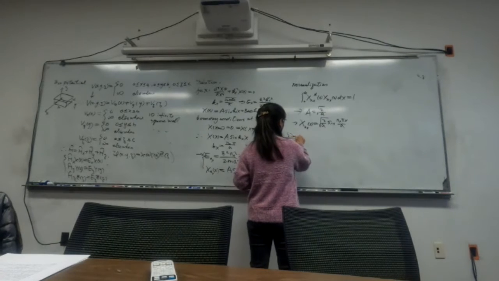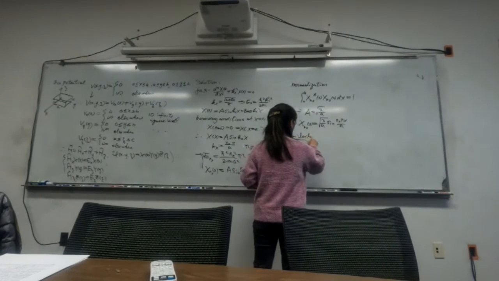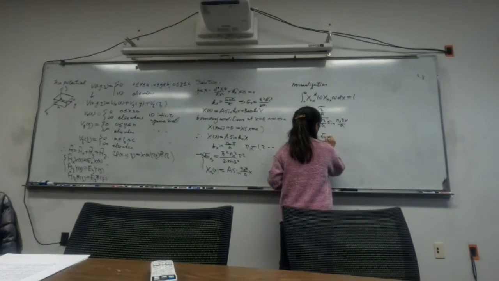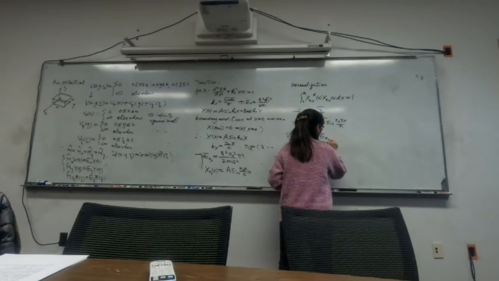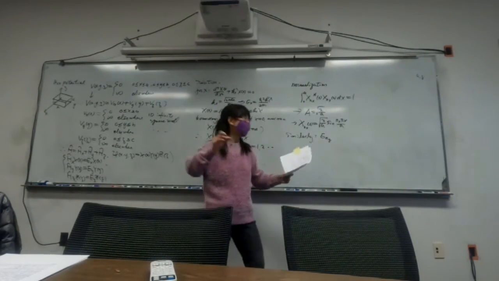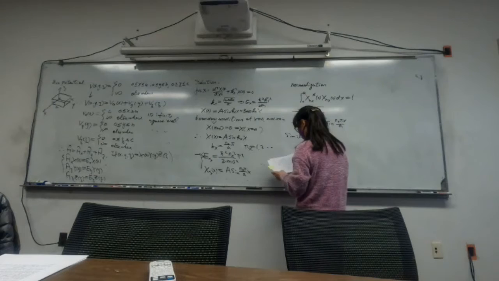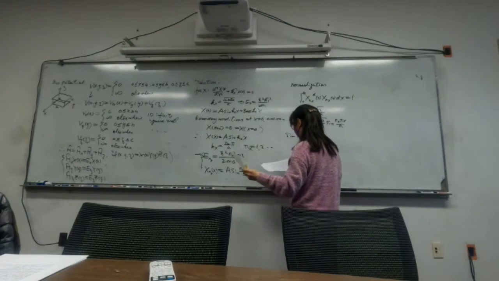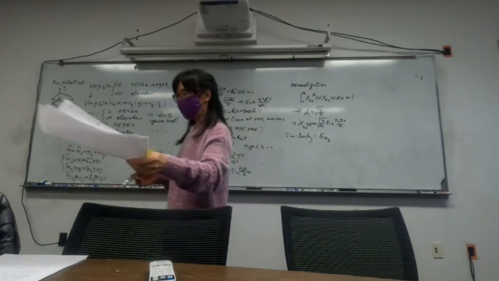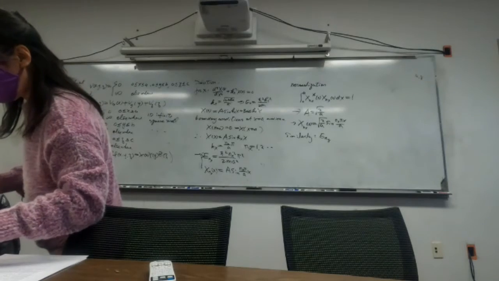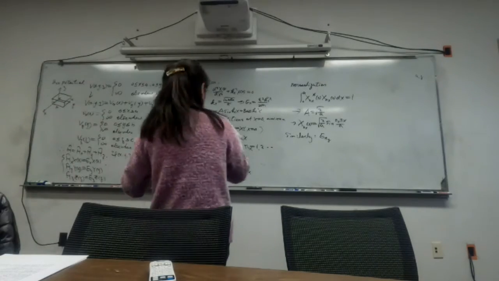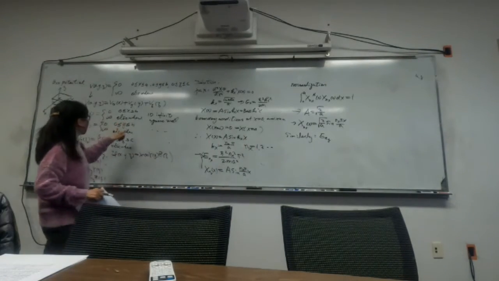So similarly, we have E_ny. I'm going to use n_y because it's the same thing. I think I jumped a little bit. Be careful, because now the y length is b.